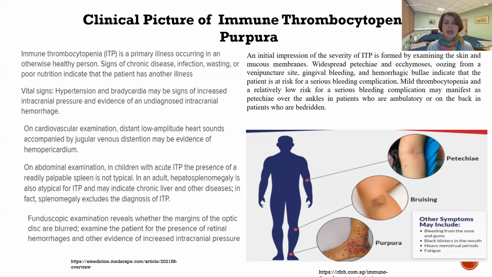Widespread petechiae and ecchymosis, oozing from the venipuncture site, gingival bleeding, and hemorrhagic bulla indicate that the patient is at risk for the serious bleeding complication. Mild thrombocytopenia and relatively low risk for the serious bleeding complication may manifest as petechiae over the ankles in the patients who are ambulatory or on the back in the patients who are bedridden, as we remember, in the areas of the biggest pressure.